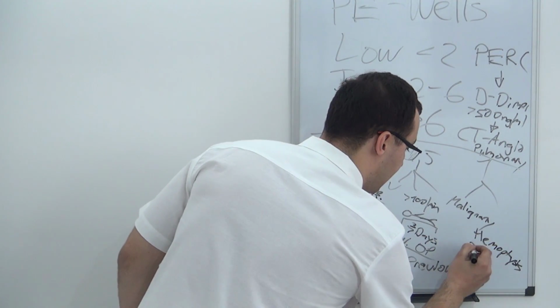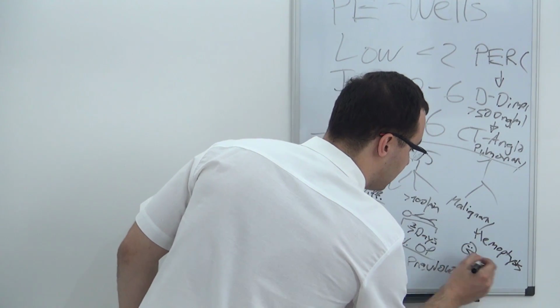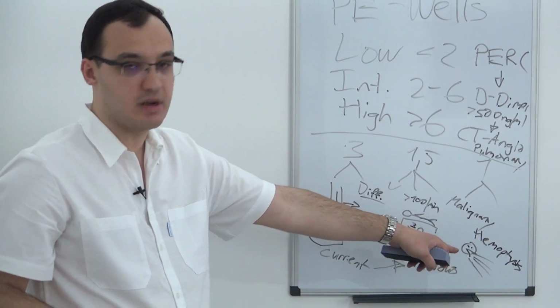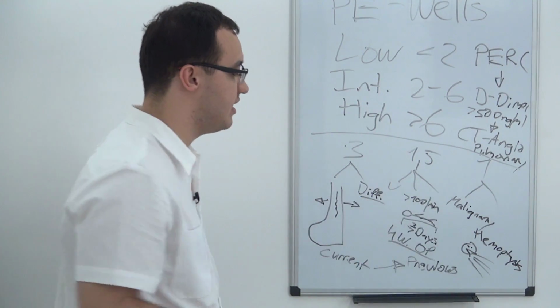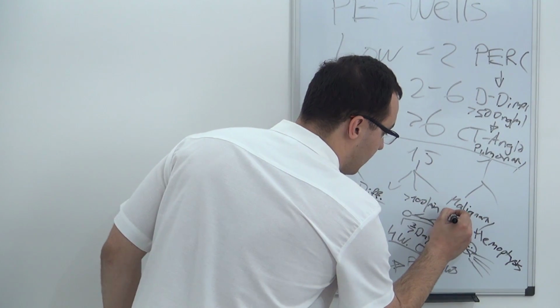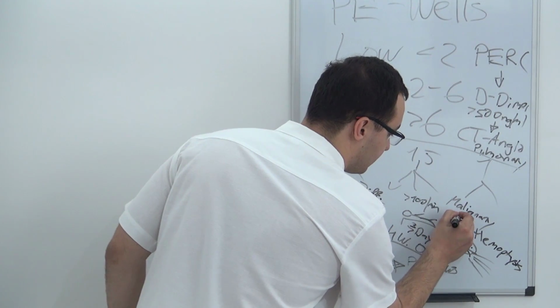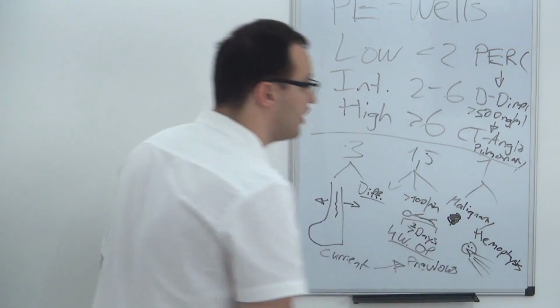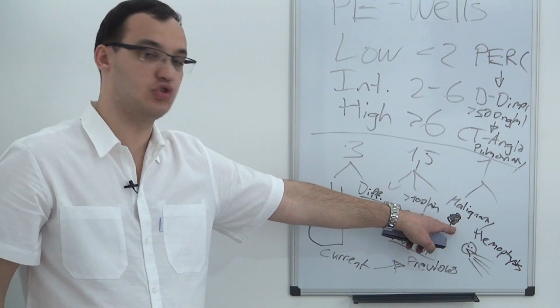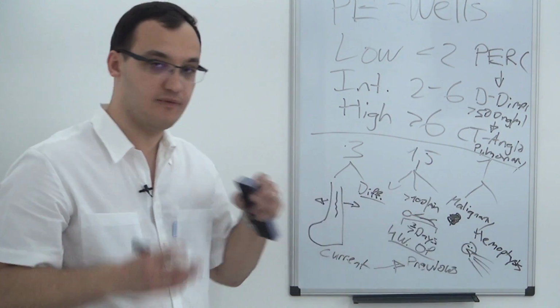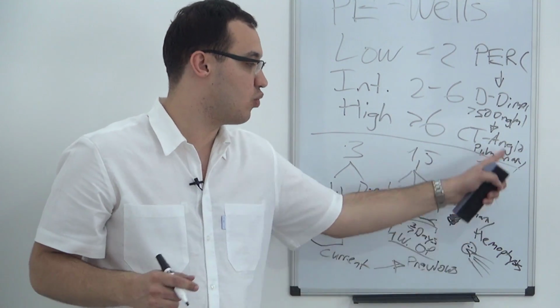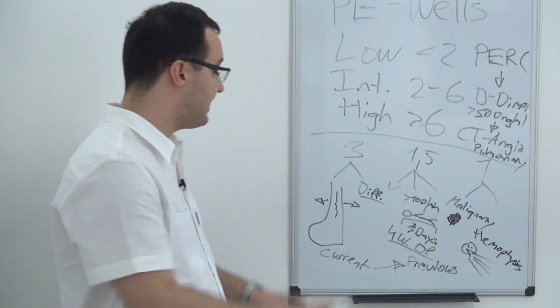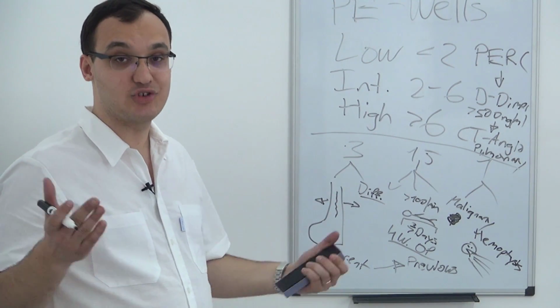I will draw a guy here, and he's vomiting blood. Hemoptysis or malignancy. I will just draw a tumor here. So you can remember that. Malignancy, tumor, hemoptysis is vomiting blood. You give each of these 1 point. So that's Wells criteria, and actually you know everything.